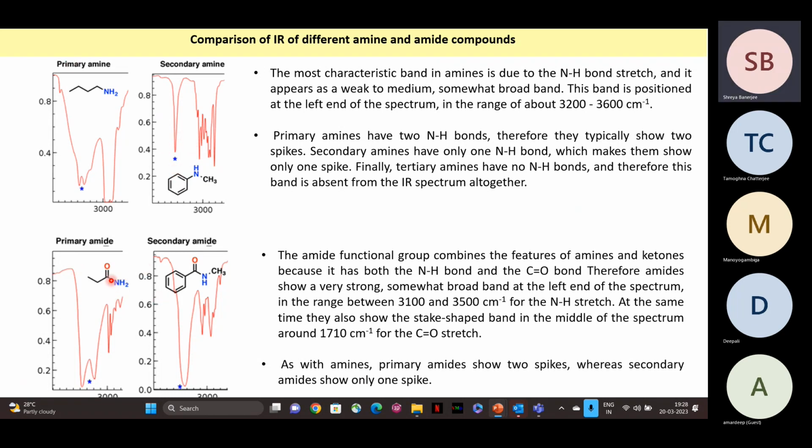Similarly, in primary amide or CONH2, there are two peaks for the two NH bonds. In secondary amide, there is only one NH, so there is one peak. And in tertiary amide, there is no NH, so there is no band for the NH stretch. So you can differentiate between primary, secondary, and tertiary amines and amides.